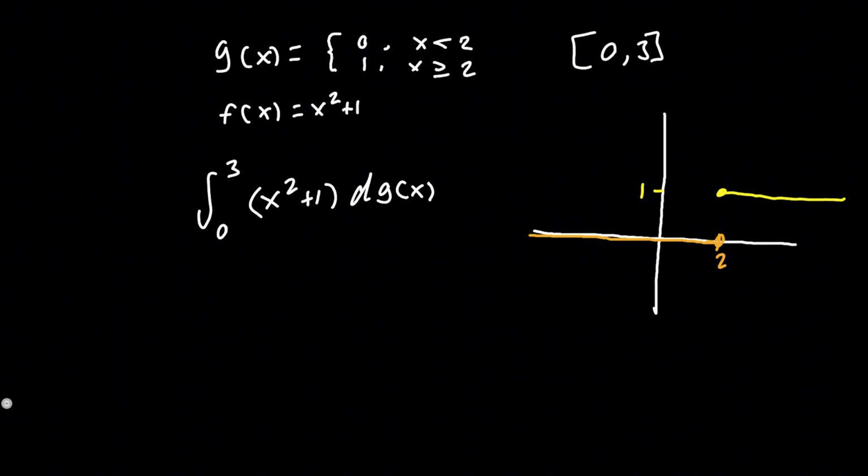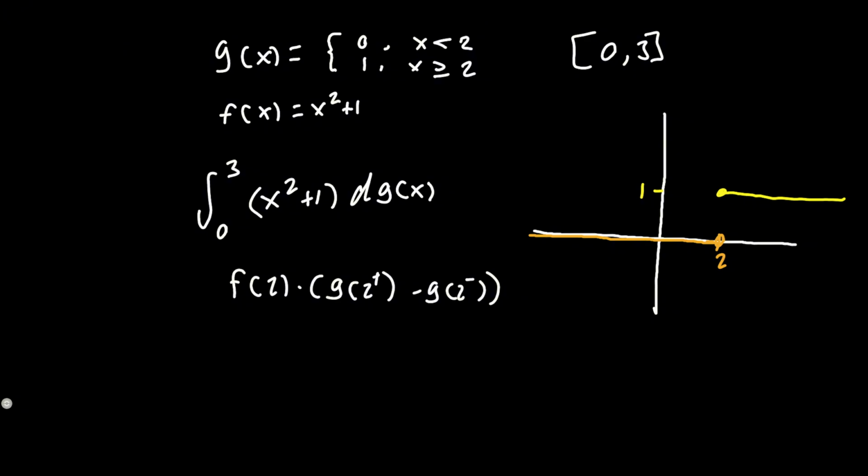And we see that the Stieltjes integral only picks up values where g of x changes. So for this example, the entire integral is going to be f of 2 times g of 2 from the right side minus g of 2 from the left side.